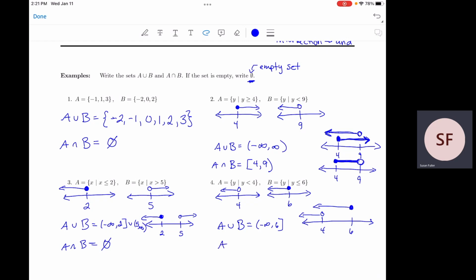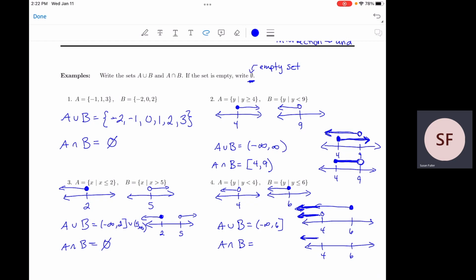And then A intersect B here. What is double covered? What is covered by both of these? Well, let's see here. I like to put this on another number line because we do have some things that are covered twice. So from here over, this is all covered by all of this stuff as well. So this is the part that's double covered here. So I know I'm going to have this part.